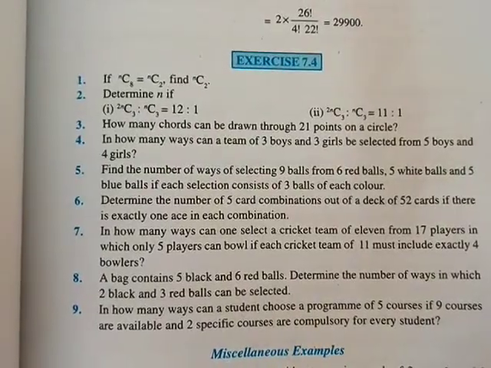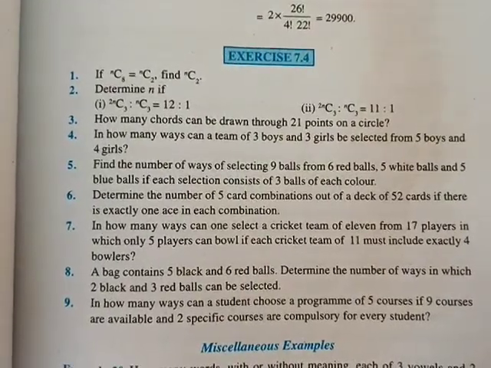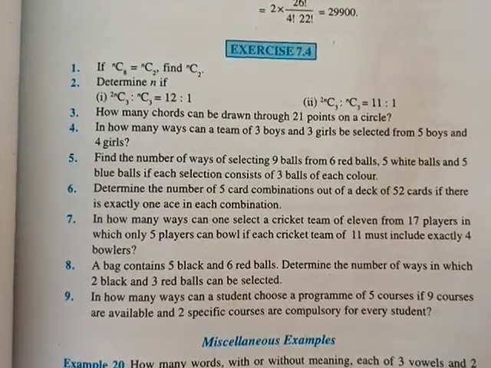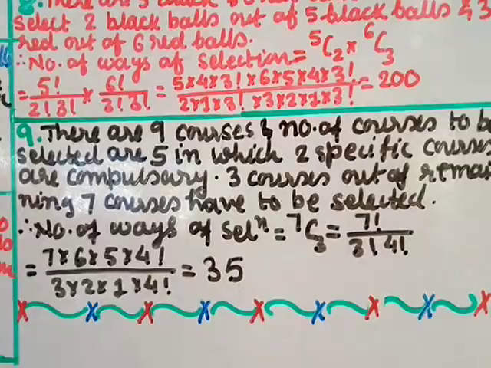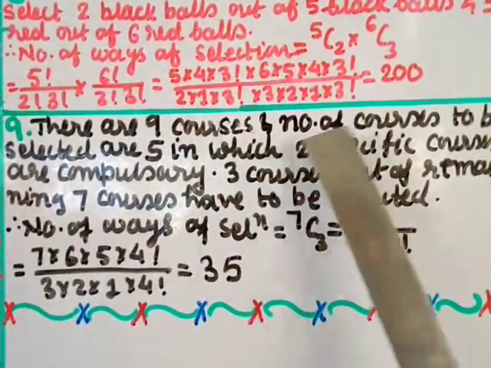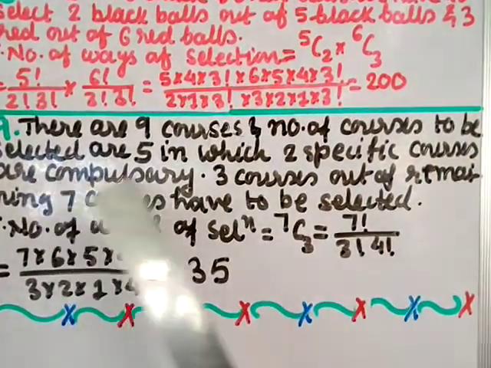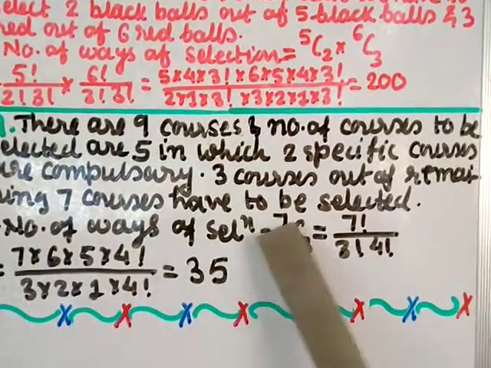Question number 9. In how many ways can a student choose a program of 5 courses if 9 courses are available and 2 specific courses are compulsory for every student? So there are 9 courses and the number of courses to be selected is 5, in which 2 specific courses are compulsory. 3 courses out of the remaining 7 courses have to be selected.